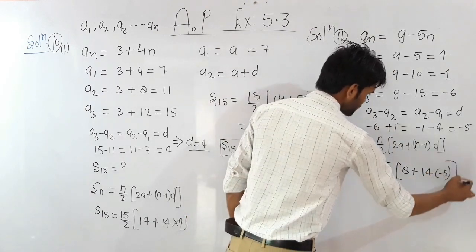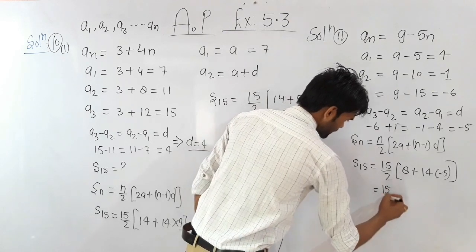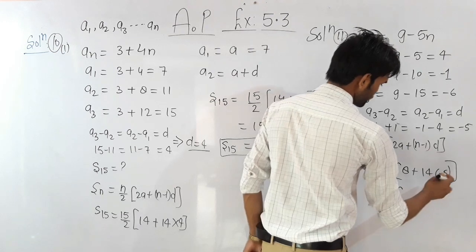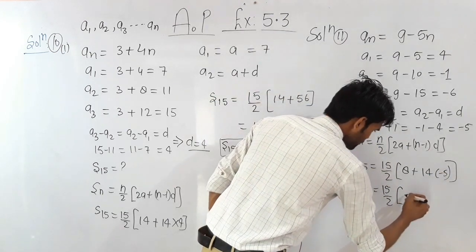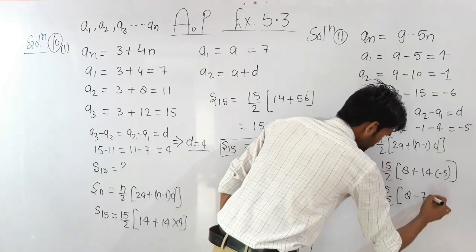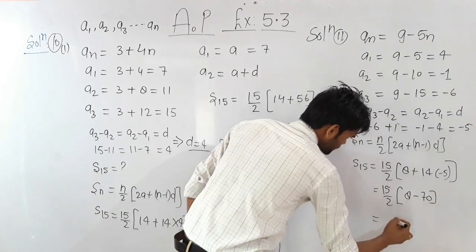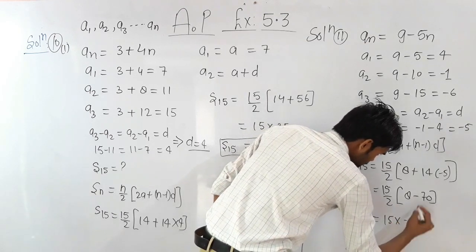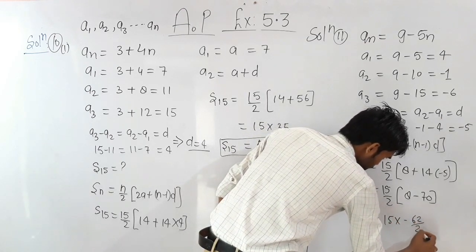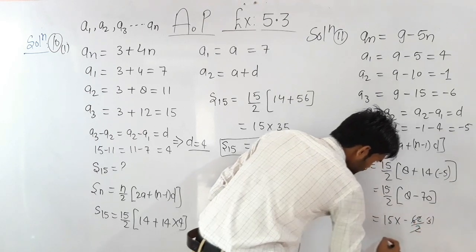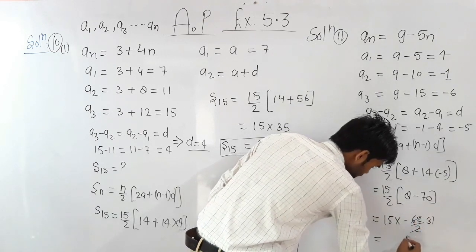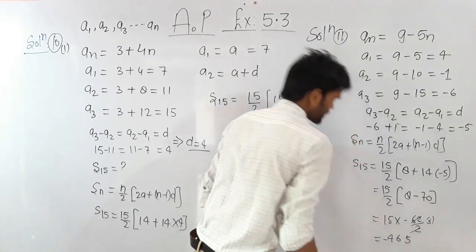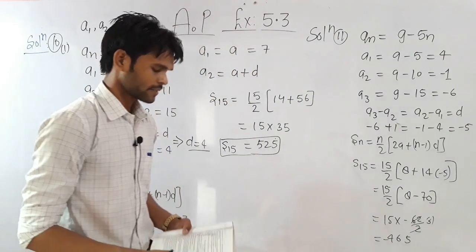So it becomes 15 by 2 into 8 minus 70, which is minus 62. 15 into minus 62 by 2 becomes 15 times minus 31, so 15 times 1 is 15, 15 times 3 is 45, giving 465. Minus 465 will be the required answer.